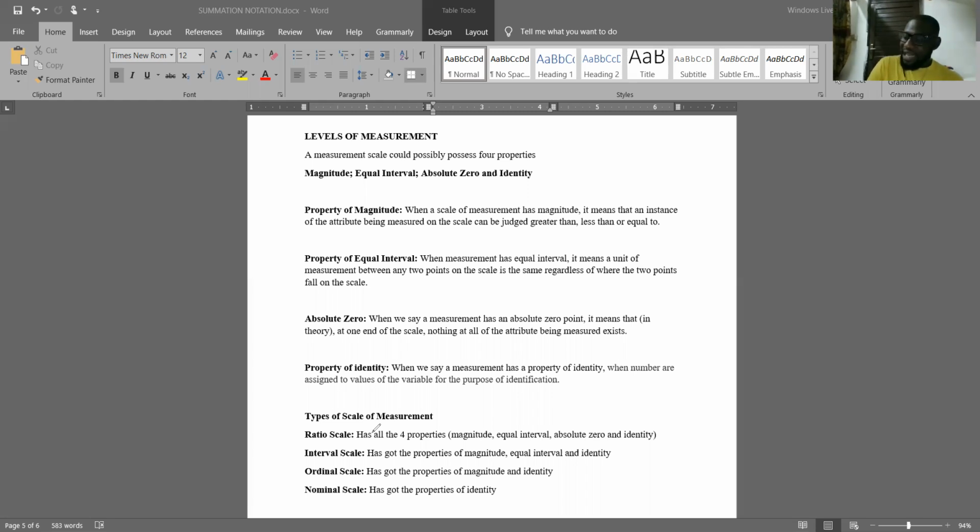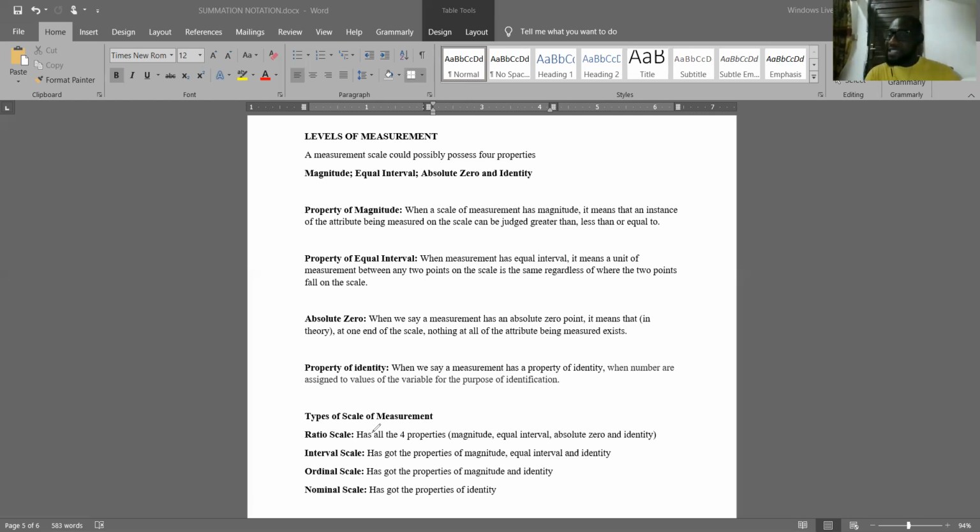Why? Because temperature doesn't possess absolute zero. When we say temperature, it has to do with whether it is warm or cold. But if someone tells you the weather is 0 degrees Celsius, it doesn't necessarily mean that the place has no temperature.